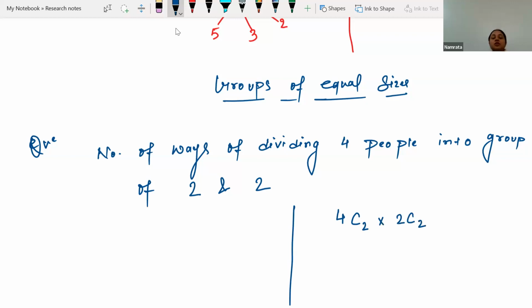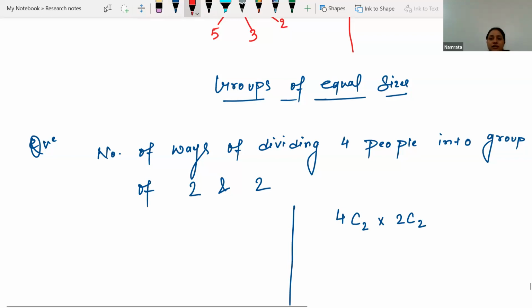But since both the groups are of the same size, just as in permutation, suppose we are having a word, let's take your name.